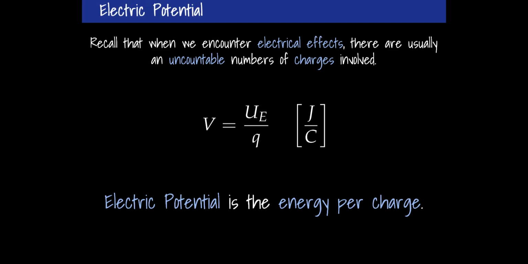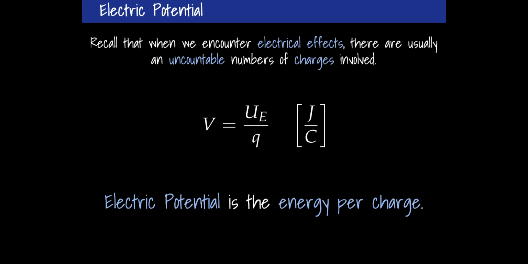V, the electric potential, is the energy per charge, because there are so many charges that calculating all the individual energies is not a practical thing. So instead, I describe electrical energetics, if you like, in terms of the energy per charge. And I don't have any reason when I'm talking about gravitational potential energy to talk about the gravitational energy per mass, because very often there's just one mass.